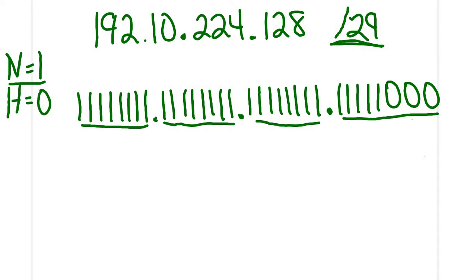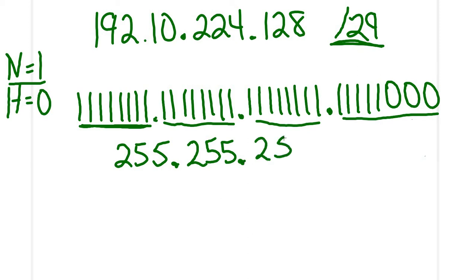Now, if an octet is entirely filled with ones, then that is the biggest number I can have, and so that is going to be a 255. Okay, so each one of these octets that is filled with ones that had a capital N, that capital N is just a 255. So I've got 3 that are 255.